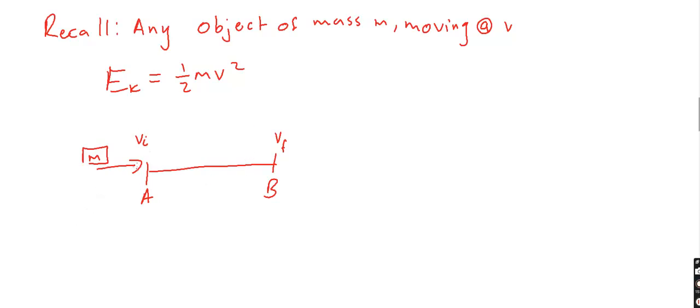Now, this one has a changing velocity. Because of the changing velocity, there is a change in kinetic energy, which is just half m vf squared minus half m vi squared.